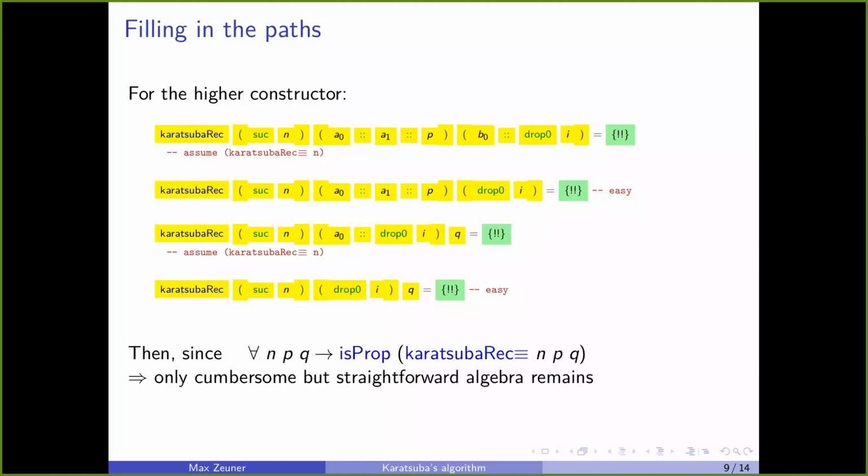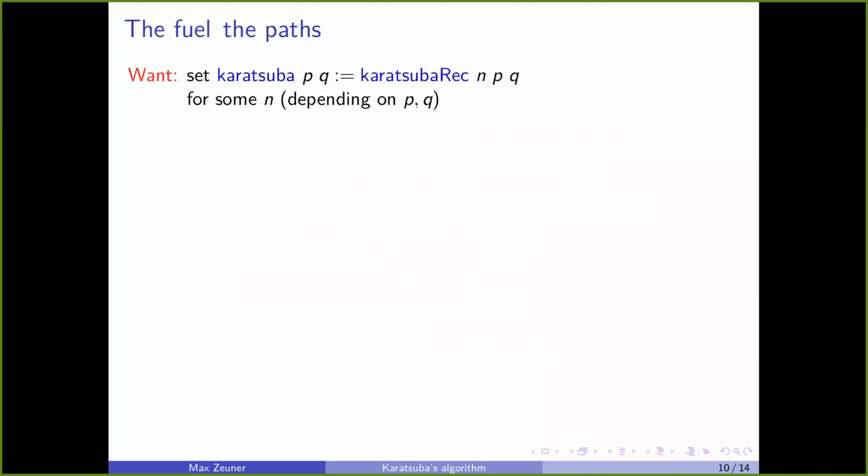And then we of course have to do the main correctness proof, but because that goal is a proposition, an hProp, that's really just doing the algebraic manipulations that are at the heart of the correctness argument.